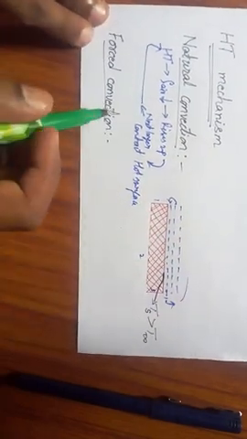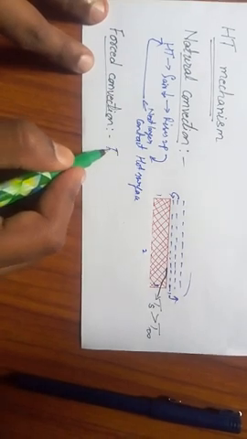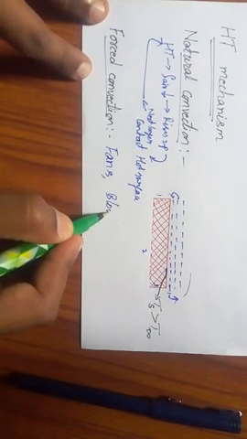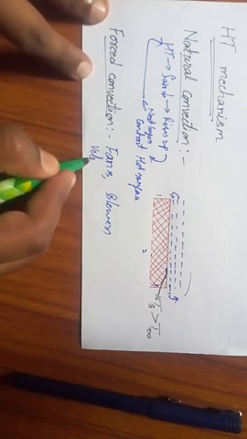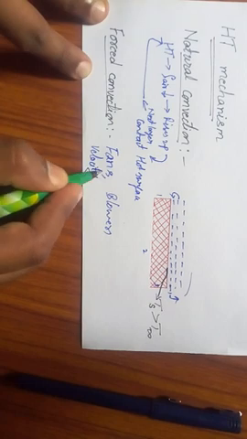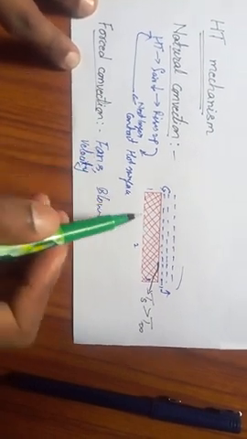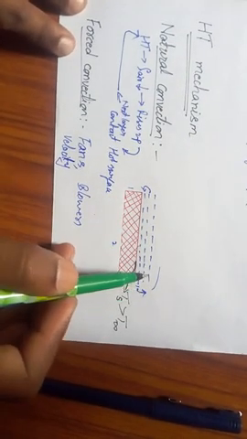In case of forced convection, the motion of air is achieved by means of external devices, say fans or blowers. So here the concept of velocity comes into the picture. There is no such thing in natural convection because the velocity is almost negligible, so we won't study it.